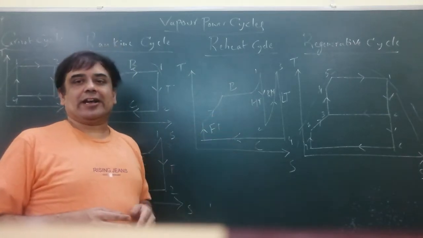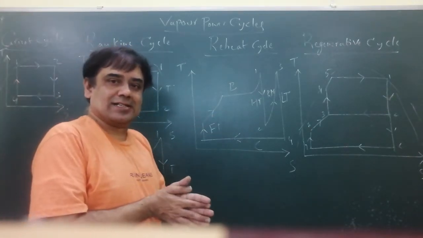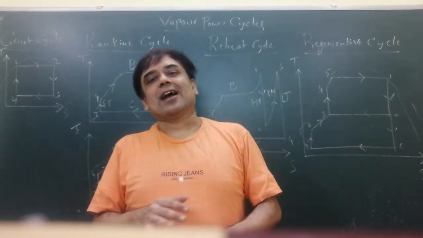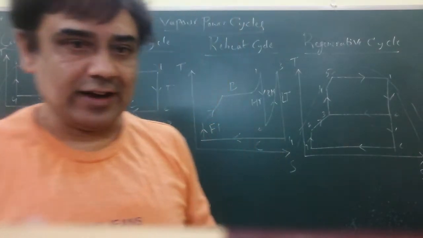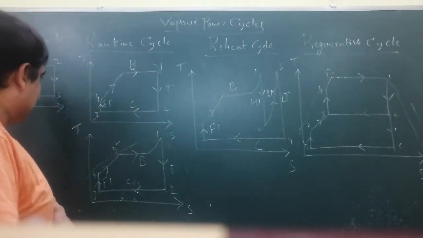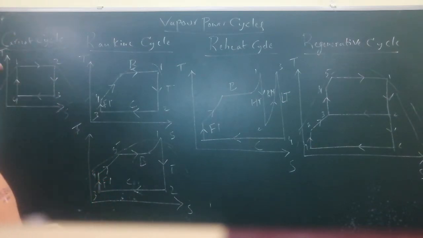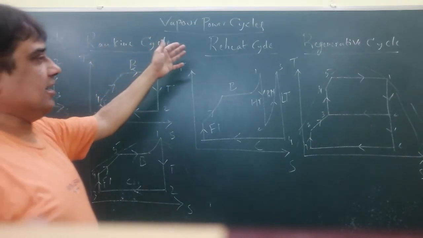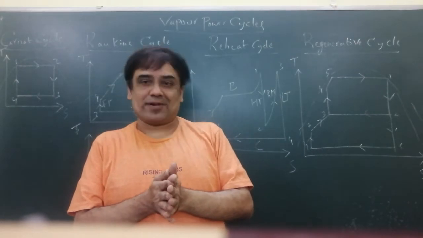Analogously, when we take up steam or vapor power cycles, even this family or this parent has 5 children. Who are those? To begin with, the eldest son or daughter Carnot cycle, followed by Rankine, reheat, regenerative, and lastly binary vapor power cycle.